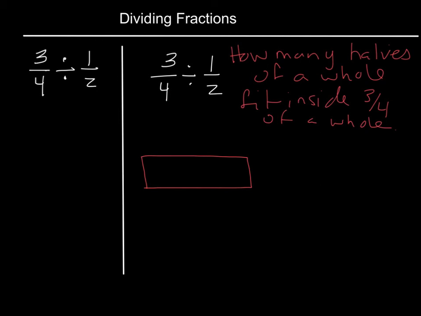So then what I would do, like we have done, is divide this into fourths, because this is talking about fourths. Now there's my fourths, but I only have 3/4 of this. So I have this one, this one, and this one. So now there's my 3/4 of my whole. That's this first part that I'm starting with.